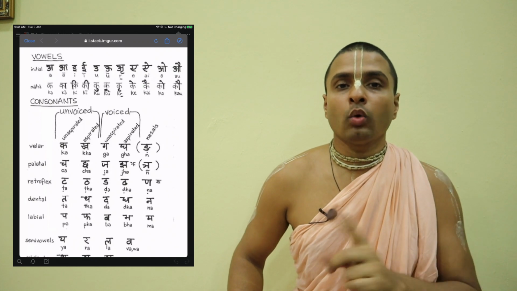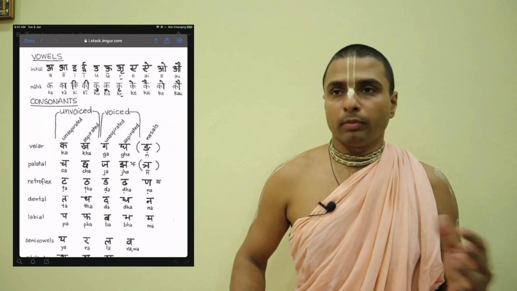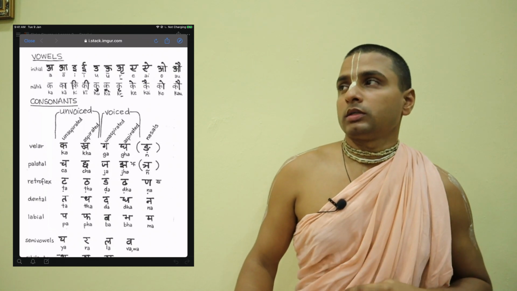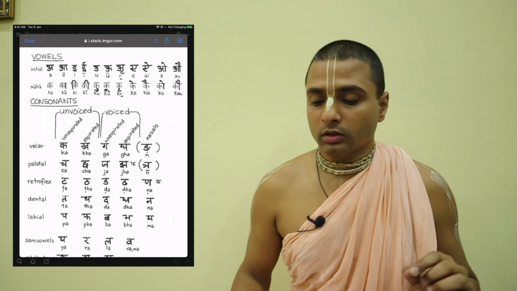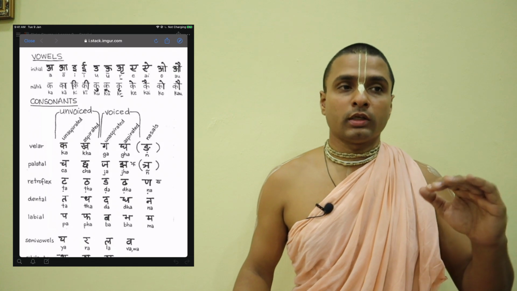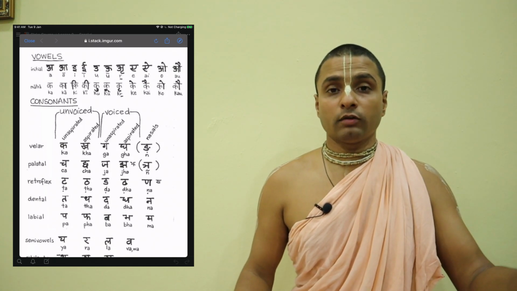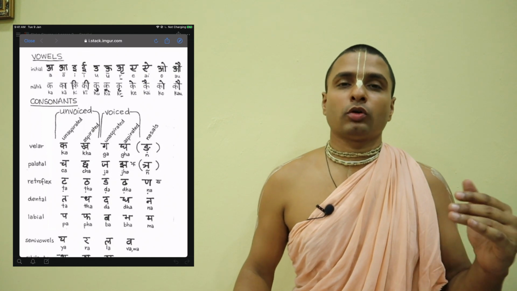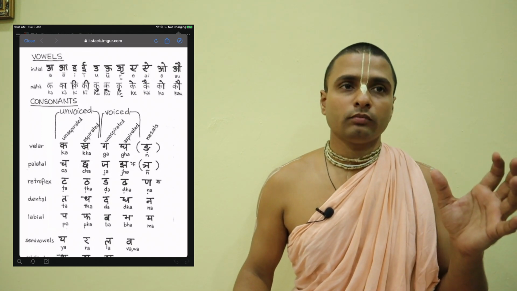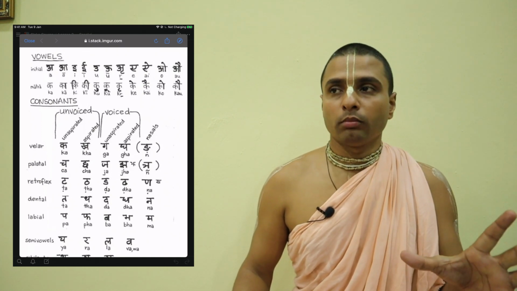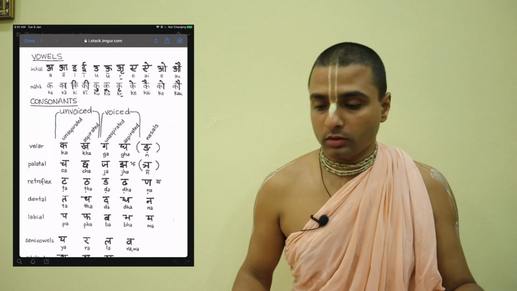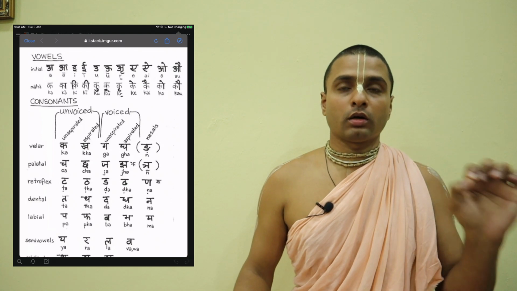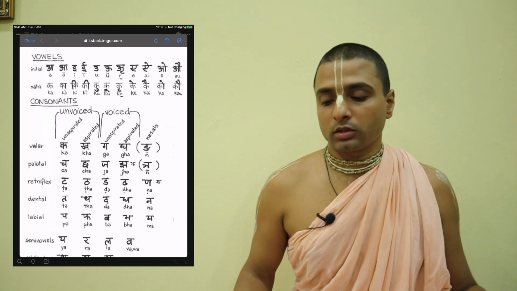In English it's only A, E, I, O, U, they are vowels. But in Sanskrit there are so many vowels. There are 16 actually. Even the R has an extended version, the Dirgha version, R. Sometimes it's pronounced as Ri, but that's not the pure pronunciation, though we can still do with it.